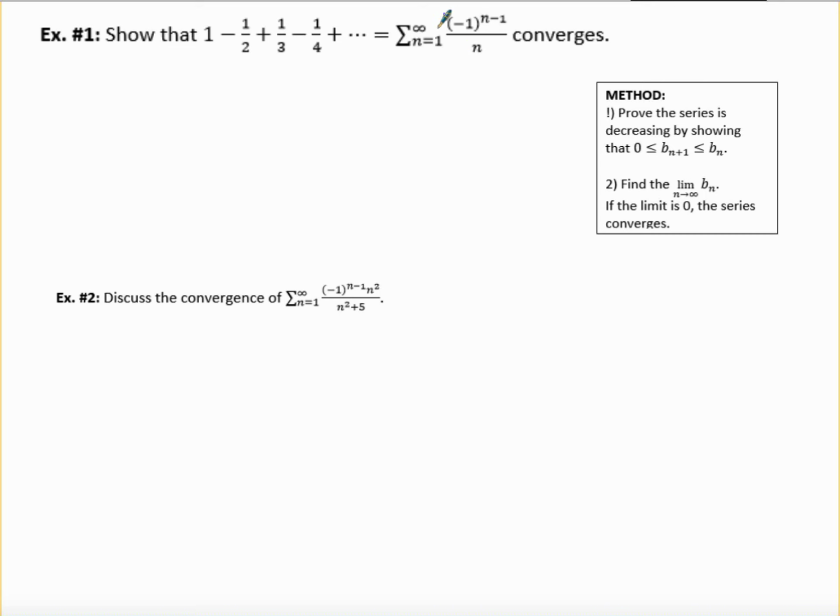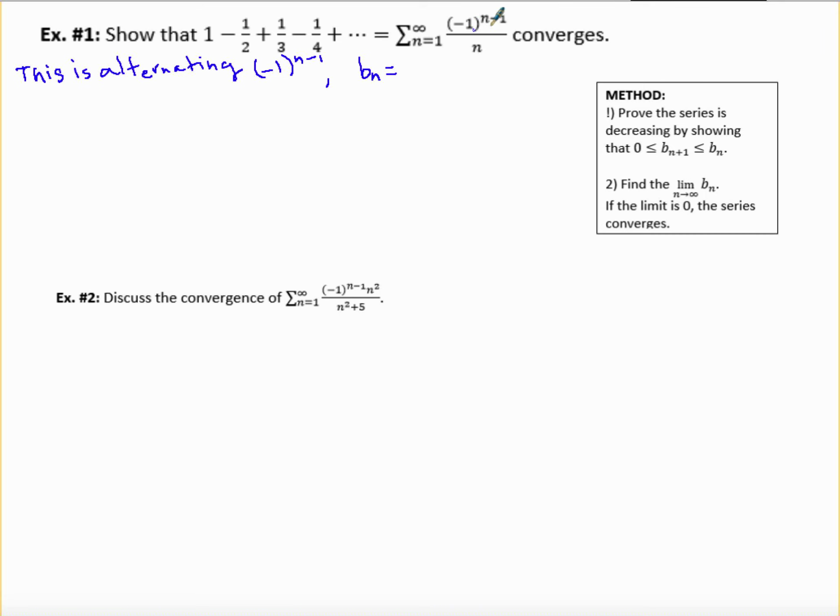It is alternating, I can tell, because of this (-1) to the n-1 power. Because of that (-1) to the n-1 power, this is an alternating series. And then our b sub n is all the rest of the stuff that's here.